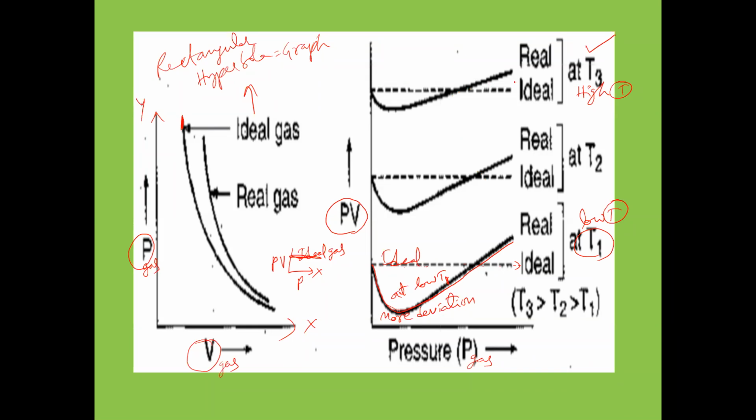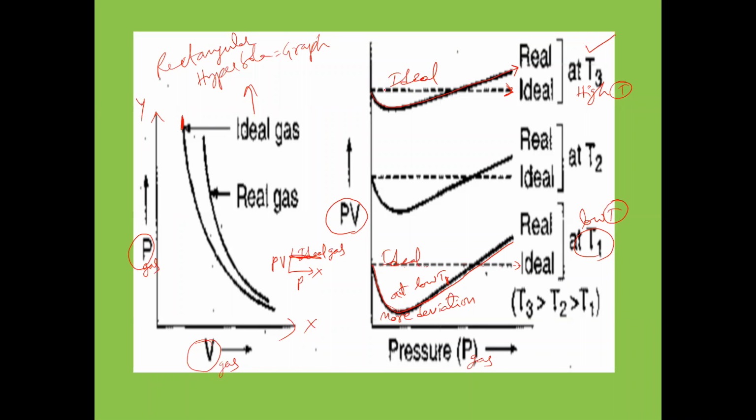And if you take somewhat higher temperature, from the lower temperature to T2 and to still higher temperature, when you take the gas from low temperature to higher temperatures, the deviation is less here. So less deviation of real gas from ideal behavior. This line is for ideal gas.